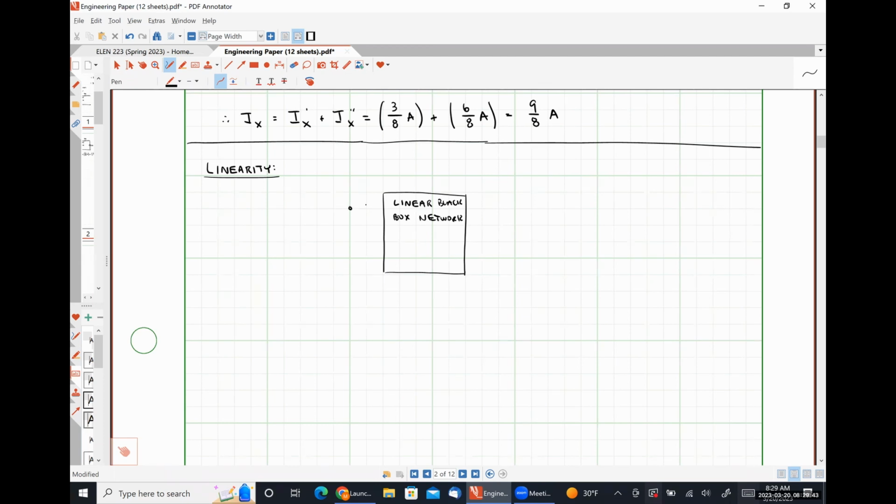And on the left-hand side of this linear black box network will be where I'm going to apply input signals. So generically, I'm going to call my inputs X. And on the right-hand side, we will have our outputs, which I will generically call Y's.